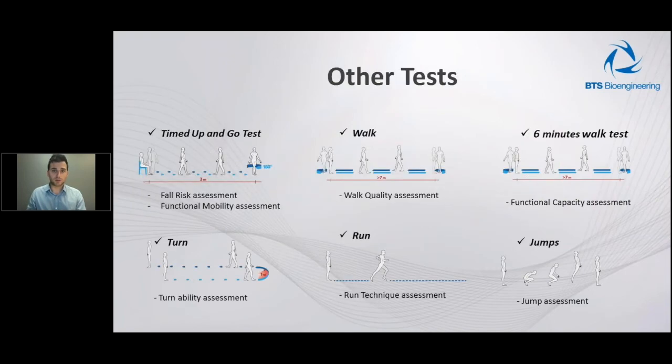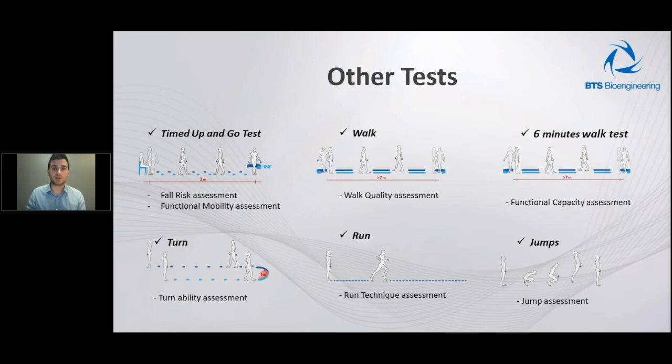We spoke about the GWALK and the risk of fall, but the GWALK does not only provide the Timed Up and Go test. It's a device that also allows the quantification of the work quality assessment of the turn, run, and jumps, and of the 6-minute walk test.